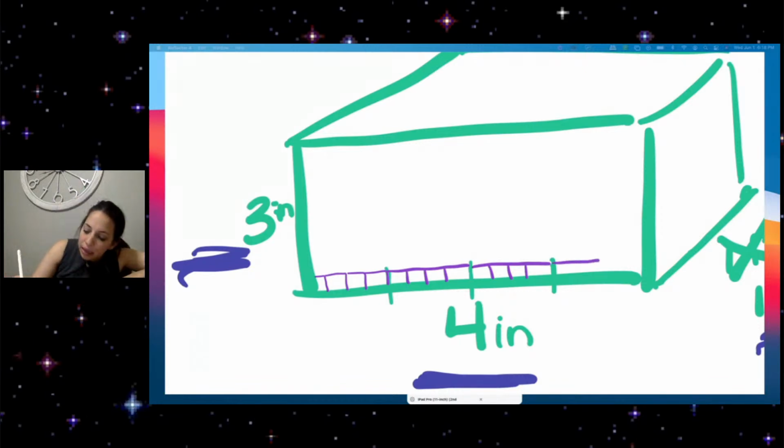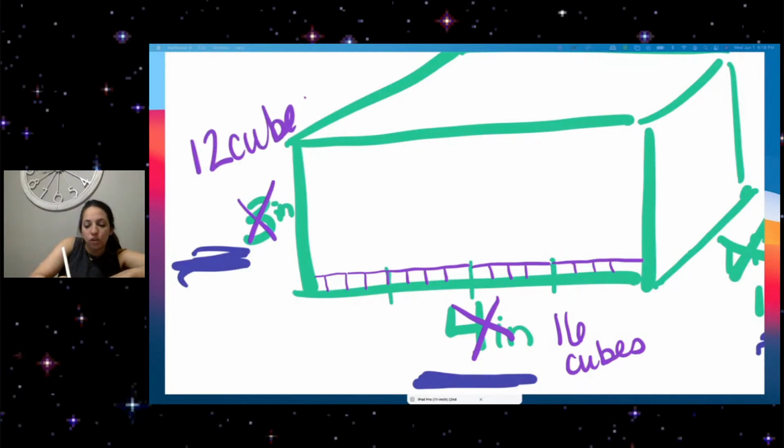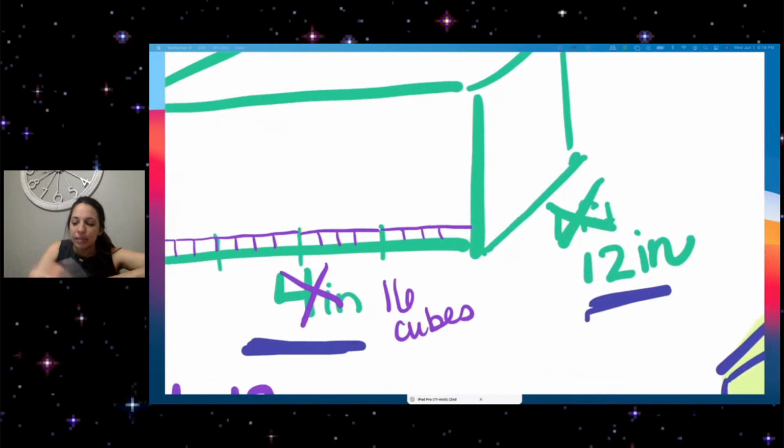So how many cubes am I fitting across? Instead of 4 inches, I could say this is 16 cubes. Instead of 3 inches, I could say this is 12 cubes because they're quarters, so I can multiply by 4. Instead of 12 inches, I could say this is 48 cubes.